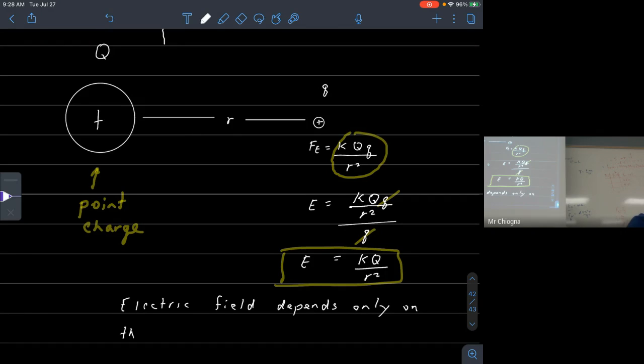In terms of charge, I know there's a distance involved as well, but in terms of charge, electric field depends only on the source. The source of what? This is the source. Big Q is the source. And small q is what's being acted on. Small q is being acted on.